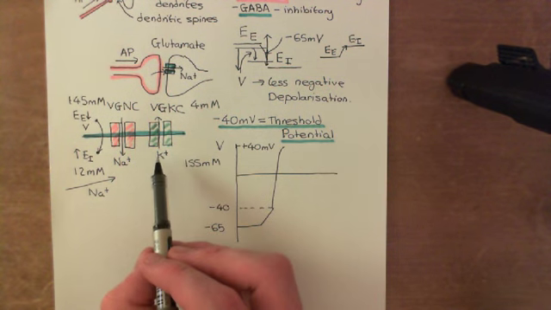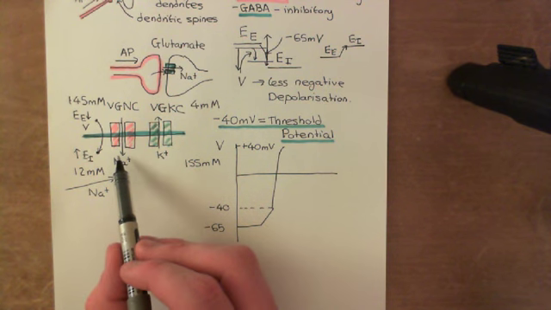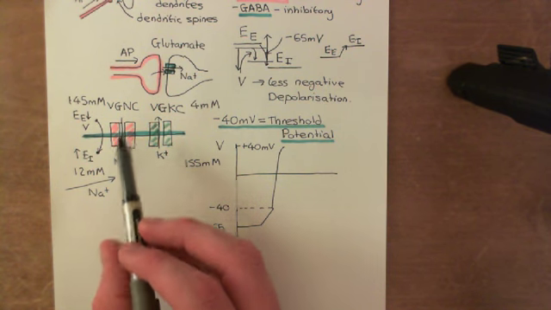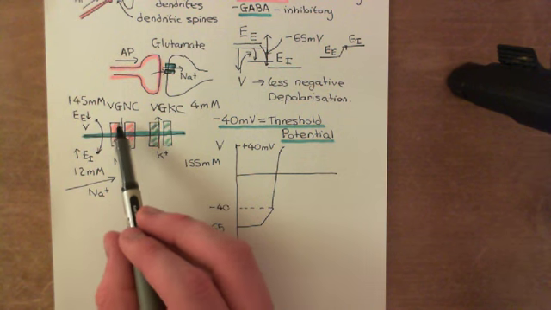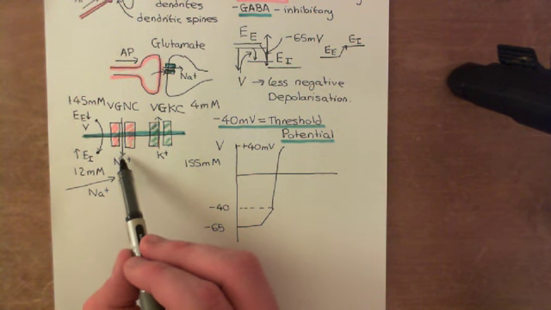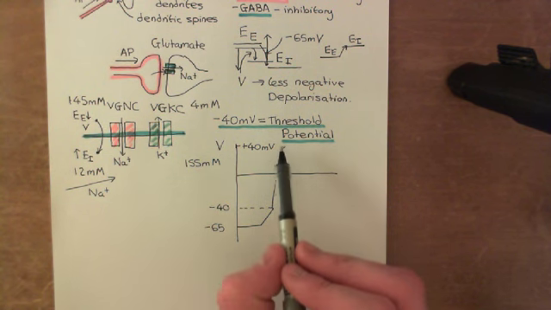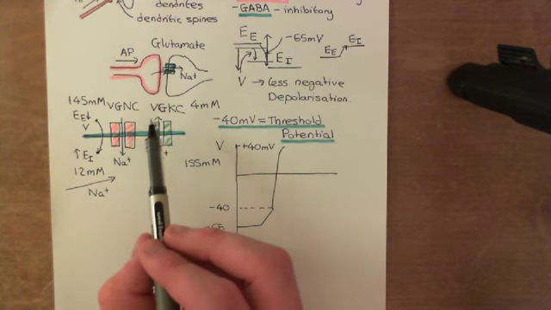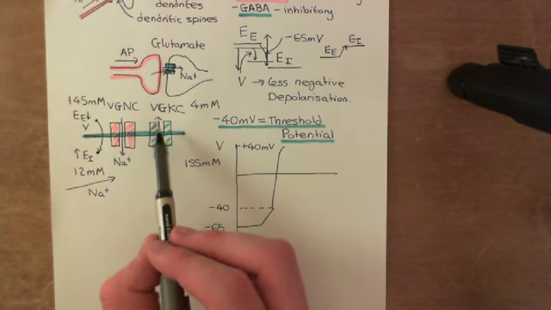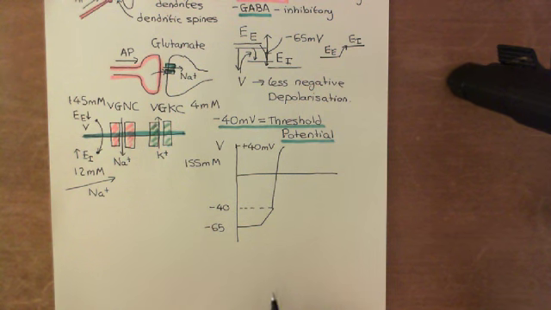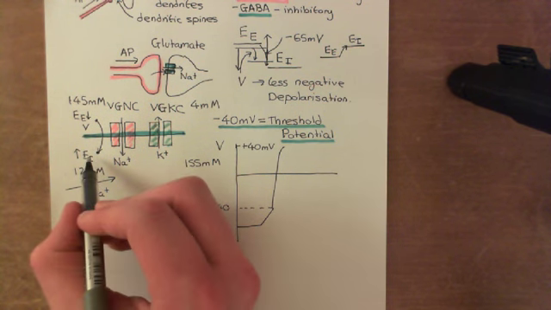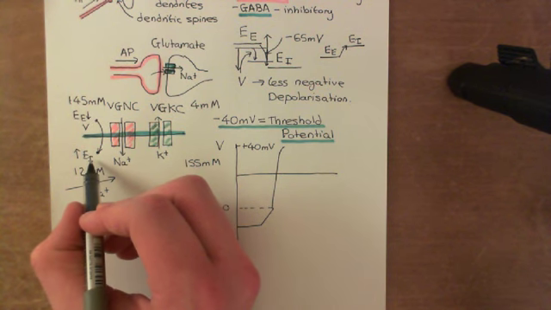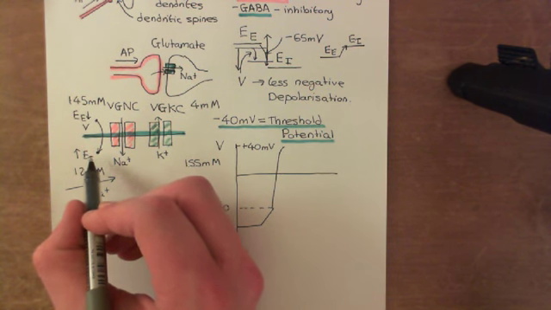Now that's going to have the exact opposite effect on the electrical potential difference across the cell membrane to moving sodium in. When we moved sodium in, that depolarized the electrical potential, it made it more positive. We're now moving positive charge out, and that's going to do the exact opposite. It's going to repolarize the electrical potential difference across the cell membrane, because we're going to lower the electrical potential intracellularly by moving positively charged potassium ions out of the cell.